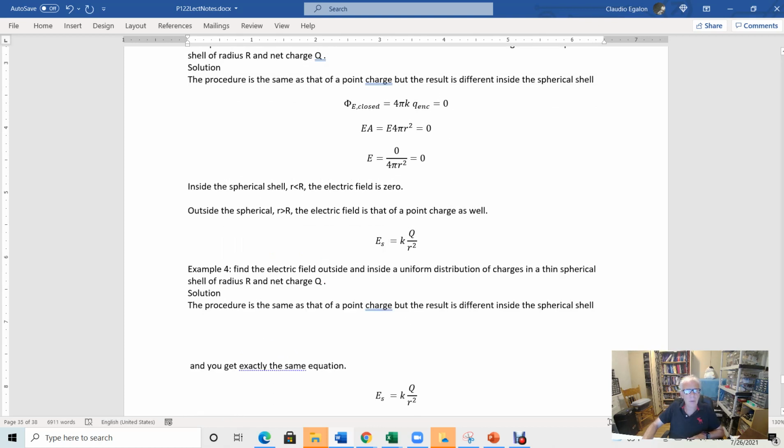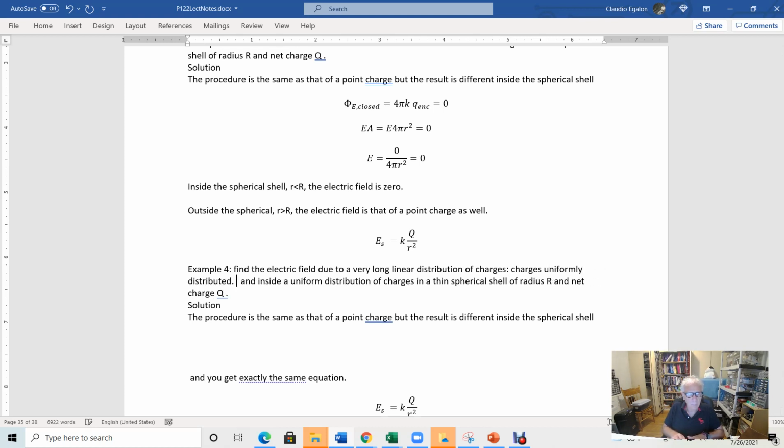Find the electric field outside a uniform linear distribution of charge, of a very long wire with charge uniformly distributed, of linear charge density lambda.